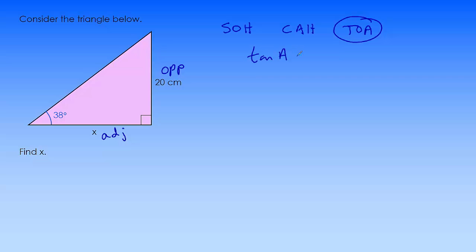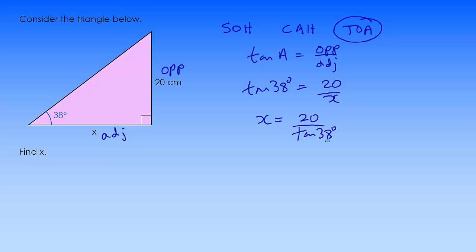Tan of our known angle is the length of the opposite over the length of the adjacent. So the tan of 38 degrees is equal to 20 over x. And as we observed before, we can swap the position of the tan 38 and the x, and we have 20 over tan 38.